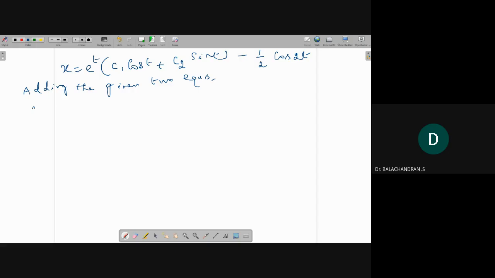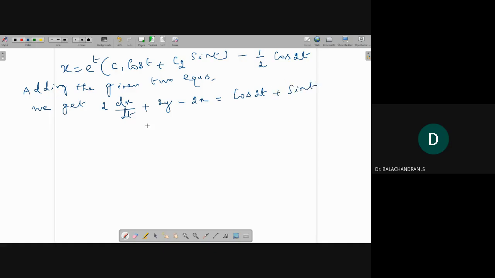So we get 2 into dx by dt plus 2y minus 2x is equal to cos 2t plus sin 2t.